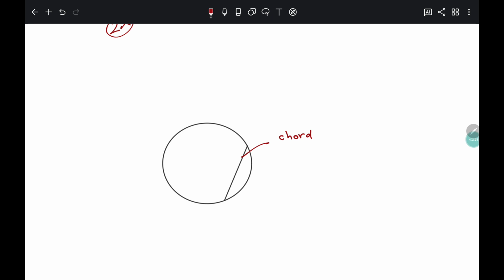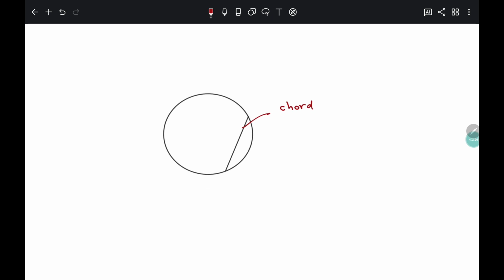The chord separates the circle into 2 parts. The first one over here, this portion, and the second one over here, this small portion. These 2 portions are known as segments.